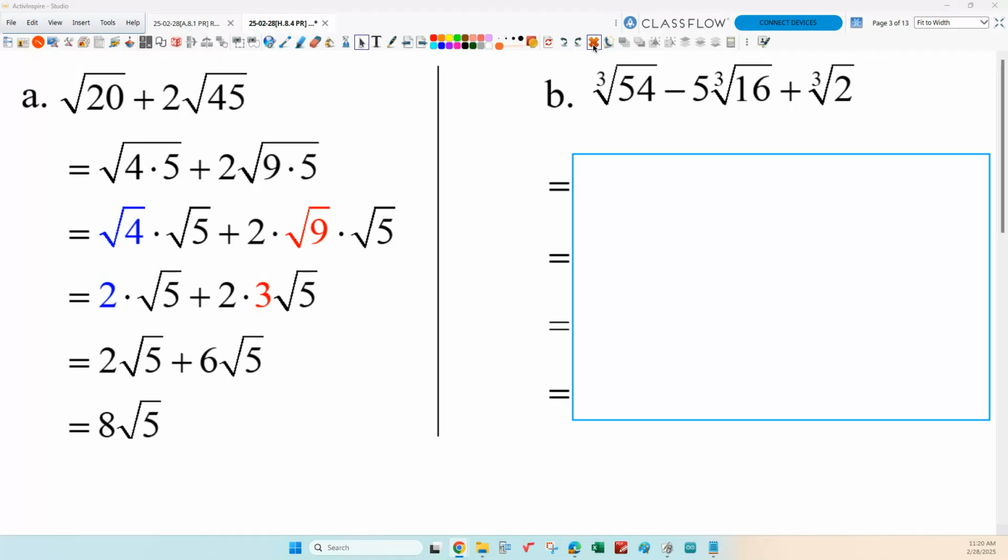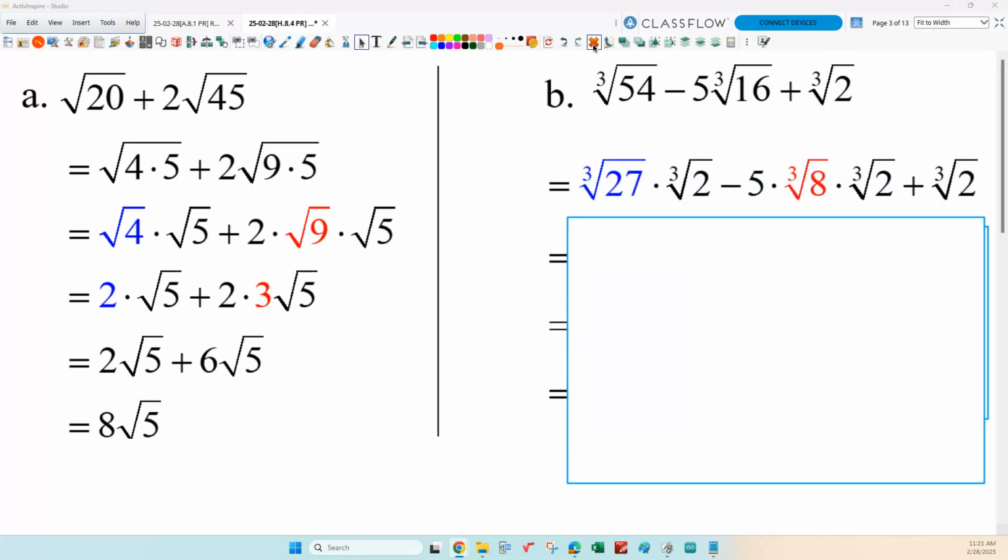In other words, the biggest perfect cube that divides evenly into 54. There's a list up there of perfect cubes. 27. Yeah, right? 27. How about 16? What's the biggest perfect cube factor of 16? 8. And then 2 is obviously prime, right?